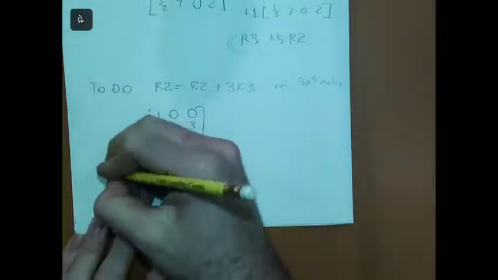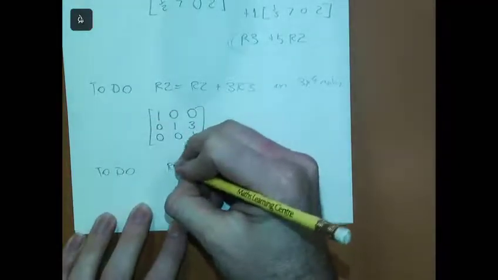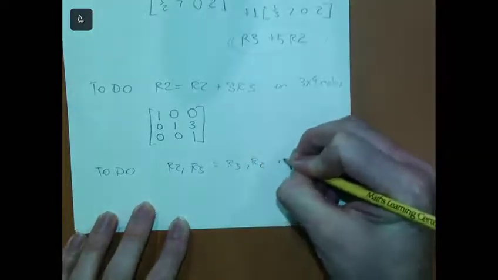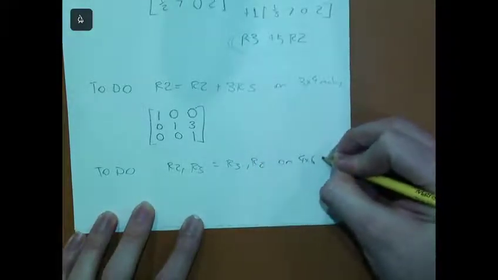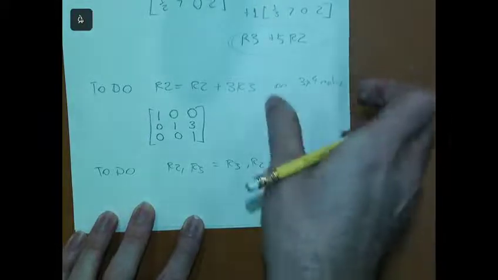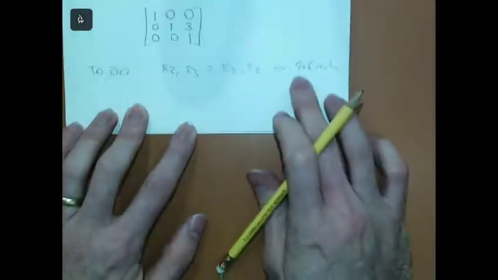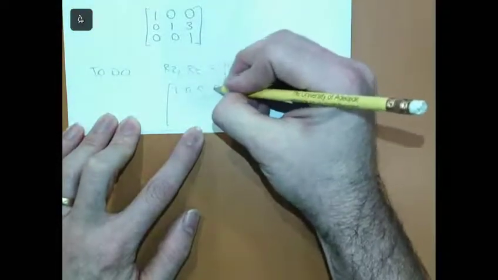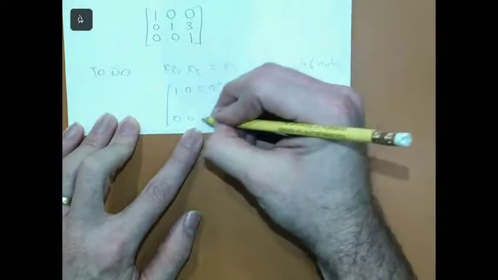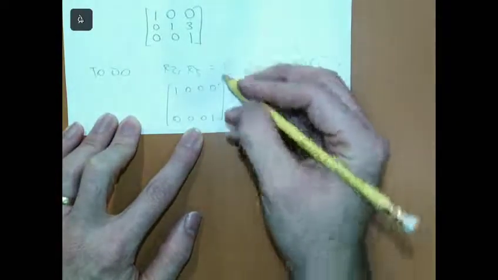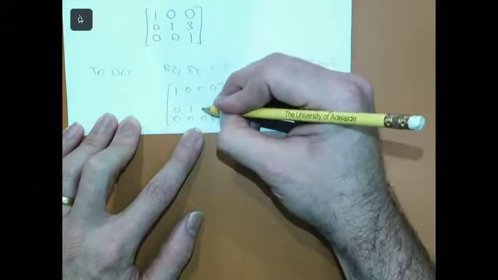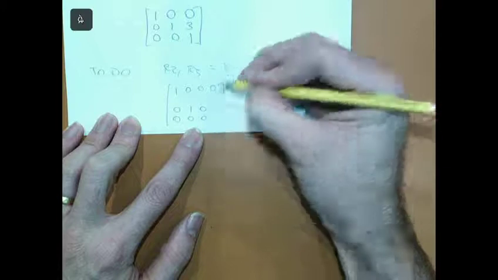So if I wanted to do row 2 and row 3 get swapped on a 4 by 6 matrix, then since it's a 4 by 6 matrix, I'm going to need a 4 by 4 matrix. I haven't changed row 1, and I haven't changed row 4. And my new row 3 is my old row 2, so my new row 3 is none of row 1 and 1 of row 2, and none of row 3 and none of row 4.